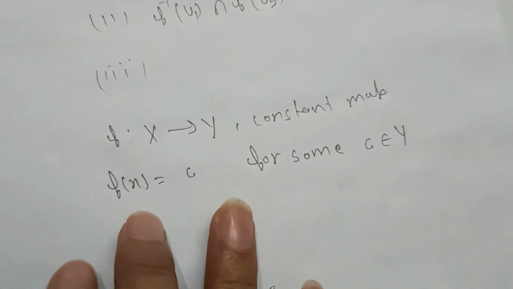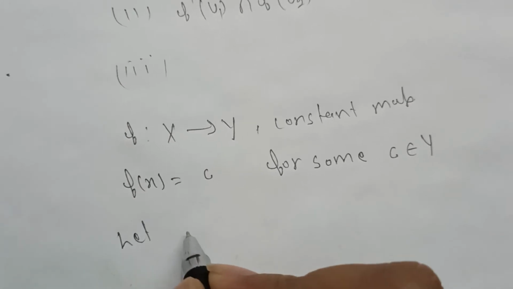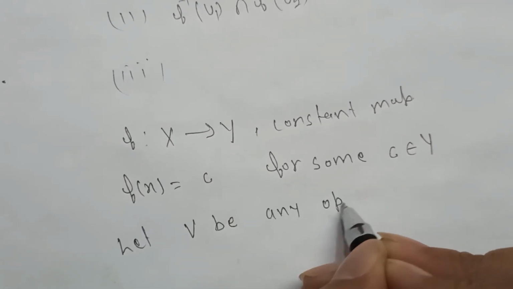Now if this map is constant, what are the open sets in X?